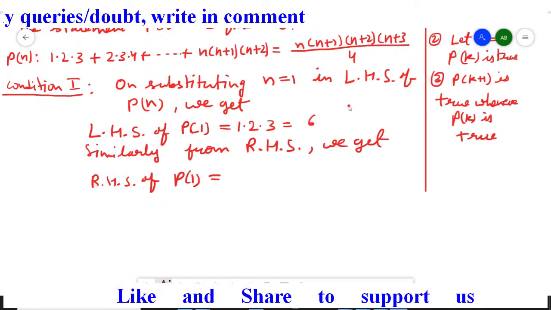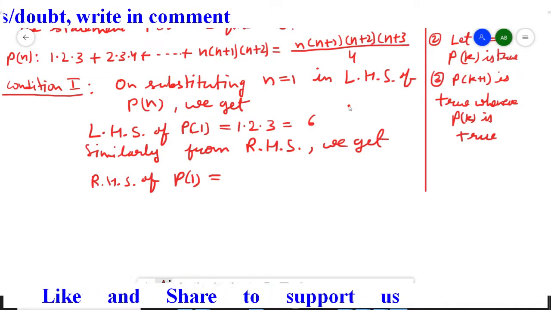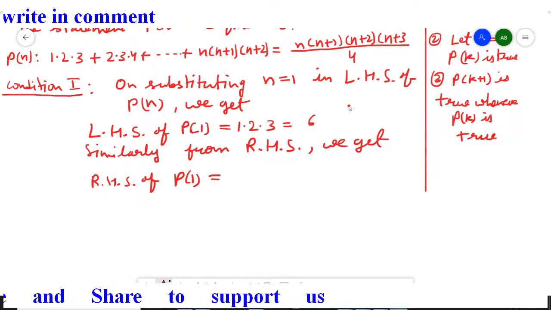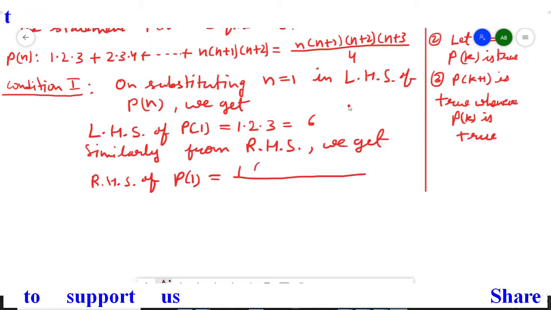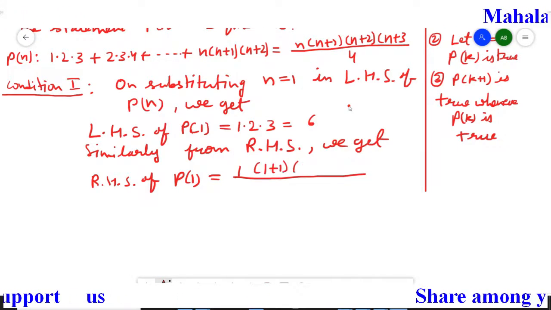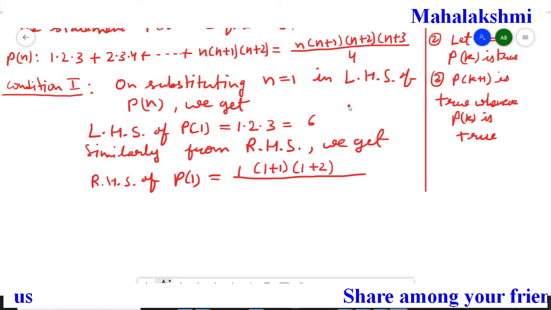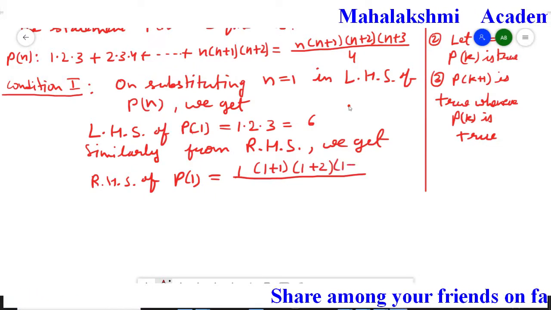In the right hand side, instead of n we have to write down 1 because 1 we have to substitute. So here also 1. So we'll get here 1 (1 plus 1)(1 plus 2)(1 plus 3).